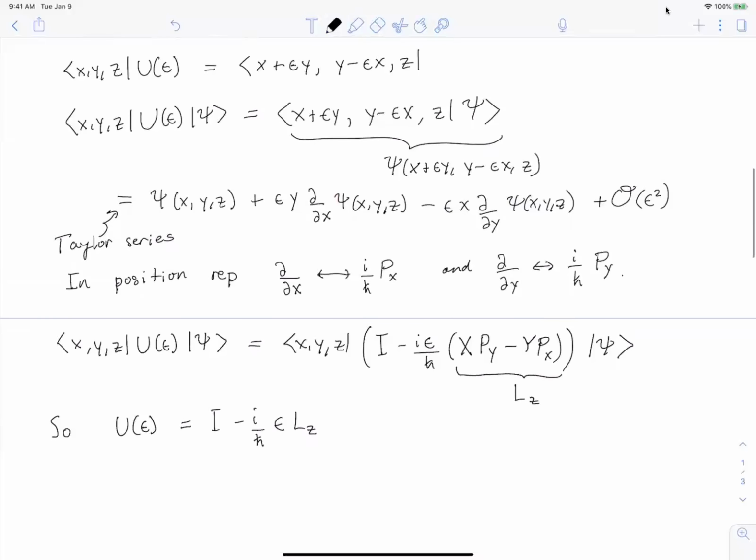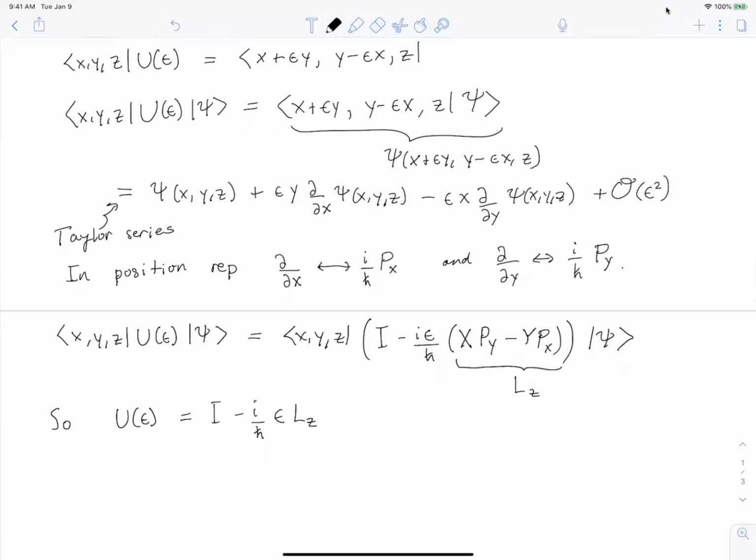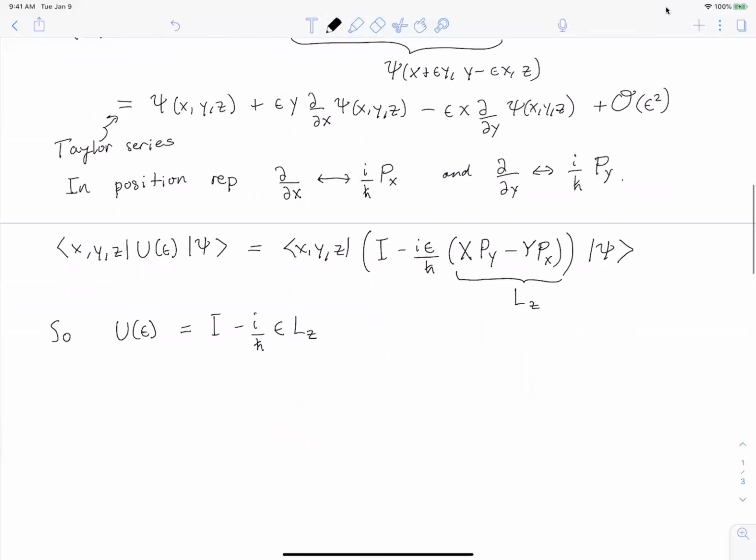So all of that was for an infinitesimal epsilon, which we did because it's just easier to deal with infinitesimal numbers where we get to drop epsilon squared. But now we can take what we've learned and turn it into a statement about a finite angle.